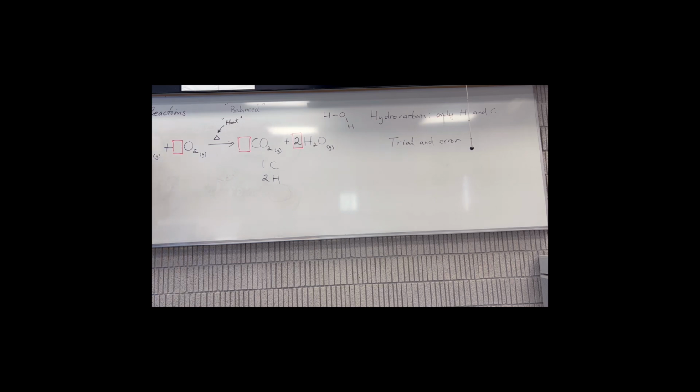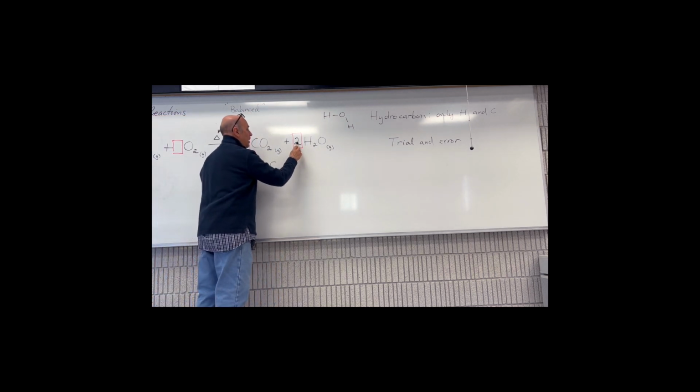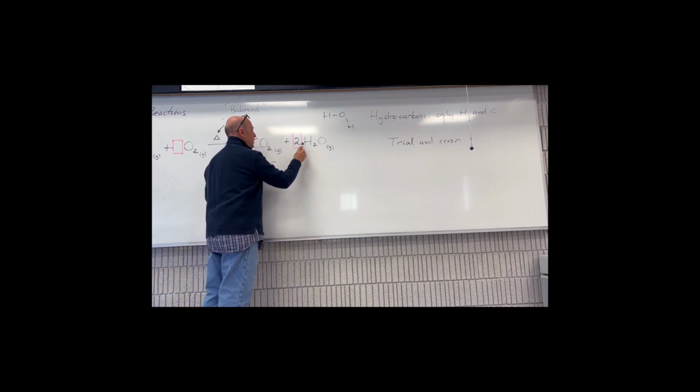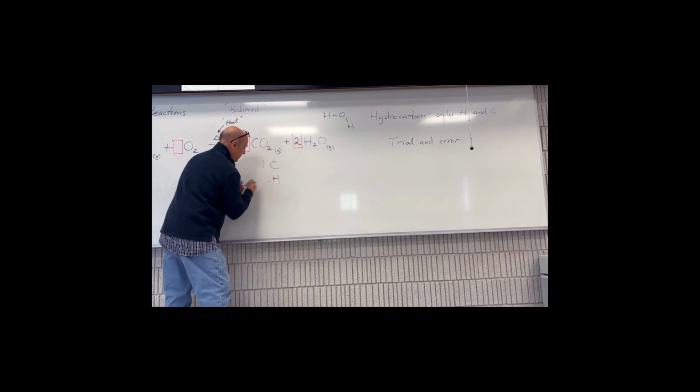If we do the accounting again, we haven't changed this, so this is 1 carbon still, right? And there are still 4 hydrogens here. But if we come to this side, now we do the accounting. For hydrogen only, we have 2 times 2, 4 hydrogens.